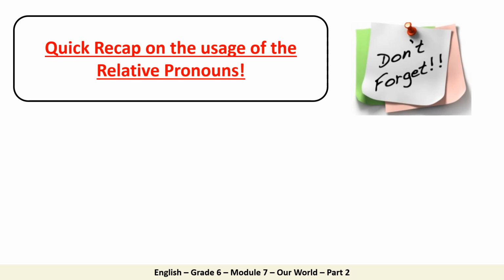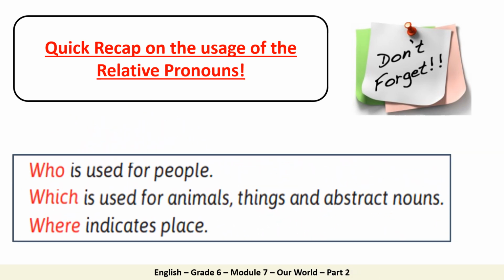Okay, let's see. First we have who, which is used to refer to people. And then we have which, which is used for animals, things, and abstract nouns. All right, and finally, the newly arrived information here, we have where, which indicates a place or talks about a place. Okay, this is very, very important for you guys to bear in mind because we're going to use all three in our following exercise. All right?